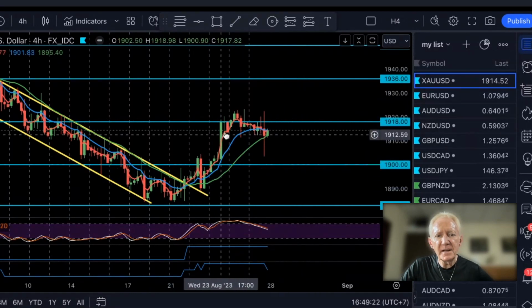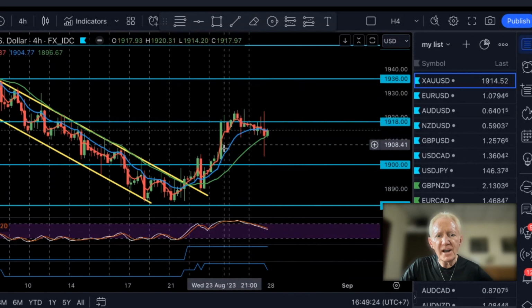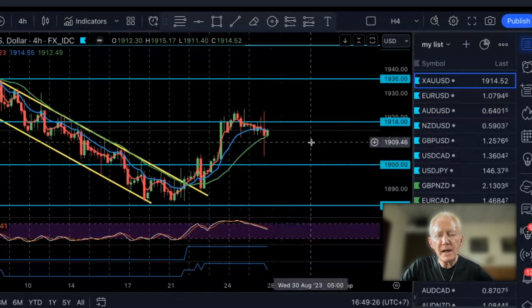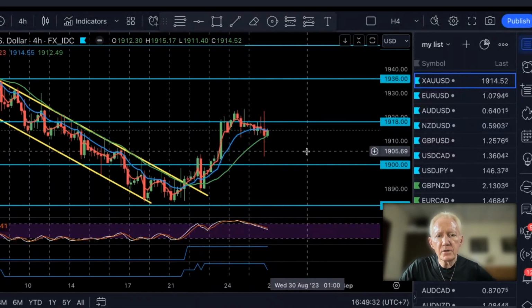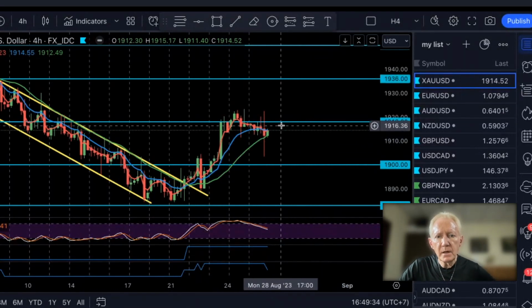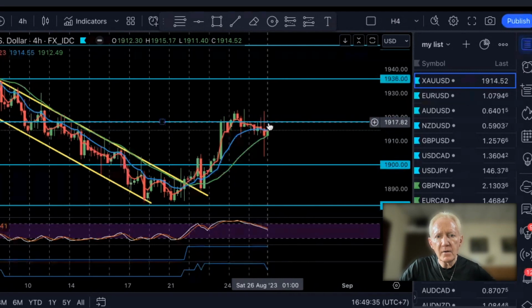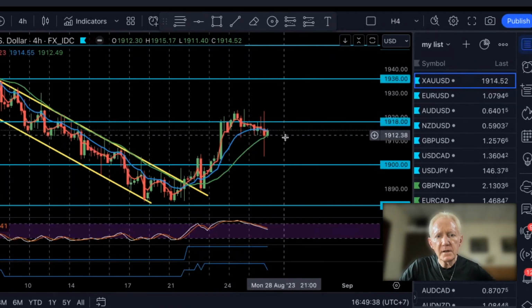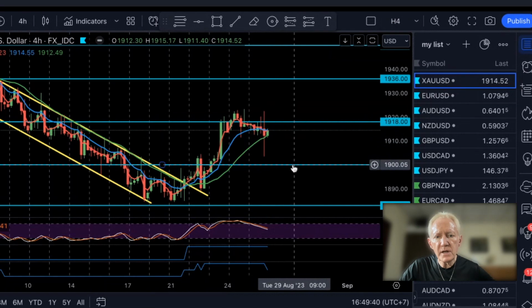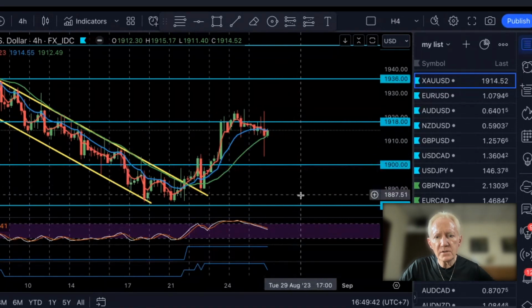It looks like a little bit here the bulls are trying to do something, but they don't have any power. They're not able to move gold up to higher prices. So the bears still have control. Staying below this zone indicates that the bears are very likely to push down to lower prices, to 1900 or even lower to 1883.